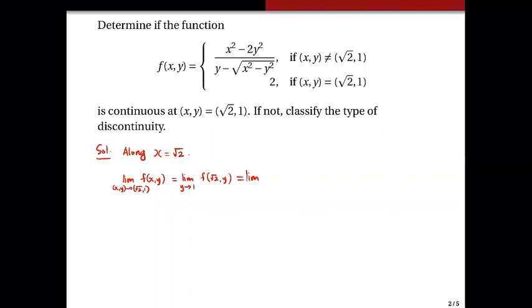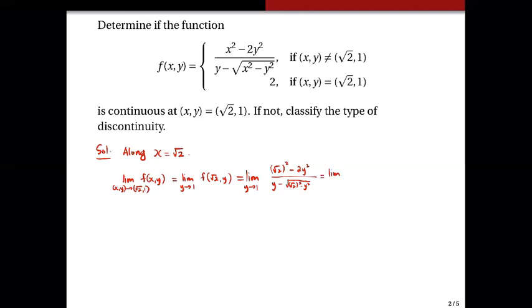So we will have the limit of square root of 2 quantity squared, and then the y is still the variable y, minus 2y squared, divided by y minus square root of, square root of 2 quantity squared minus y squared. And here we have y approaches 1. So the problem is much simpler than the first one.